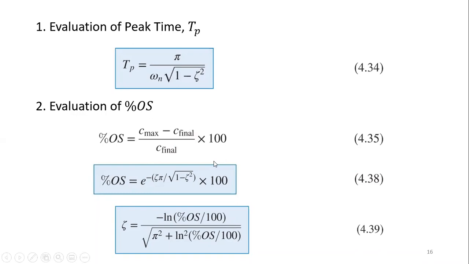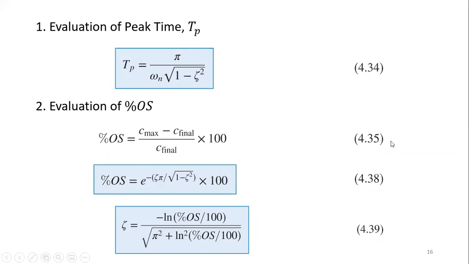The first involves an output response in terms of a graph, where you find the maximum value and the final value, and you can find the percent overshoot. Also, if you have the damping ratio, you can find the percent overshoot. And from the percent overshoot, you can work backwards to get the damping ratio.